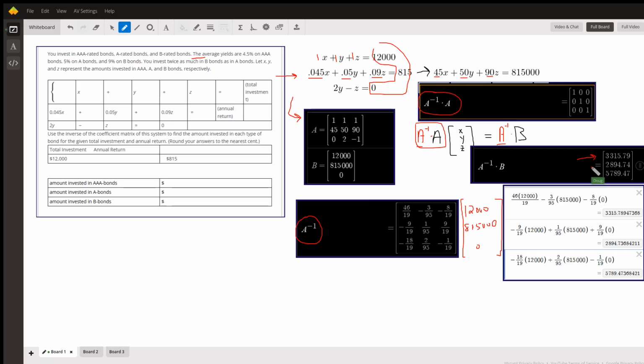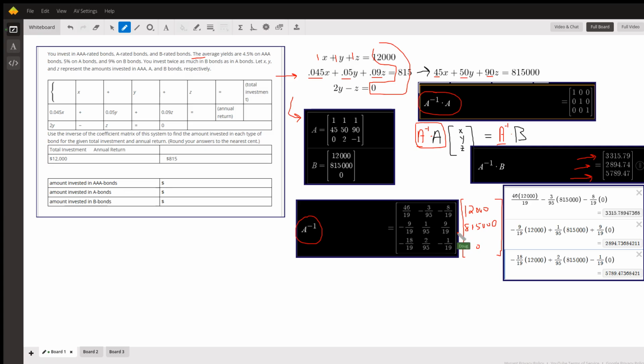So there's the AAA bonds, the A and the B bonds. And here's an indication of how you might do that calculation.